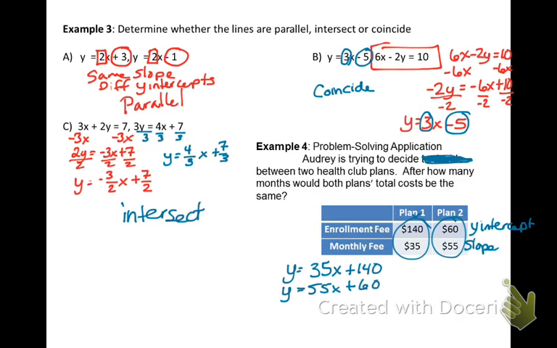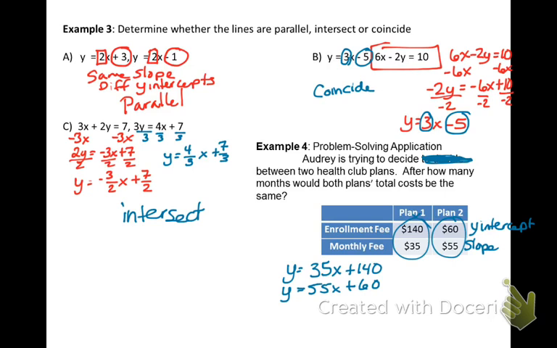So we need to get x or y by itself. Remember, there are 2 ways we can do it: substitution, or we can subtract.